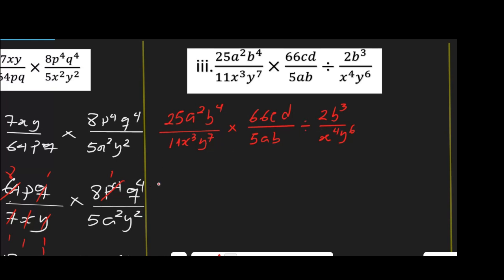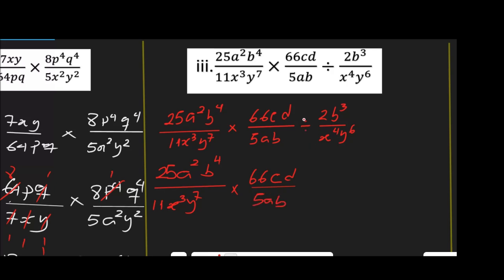So that is going to be 25 a squared b exponent 4, all over 11 x exponent 3 y exponent 7, times 66 c d, over 5ab.